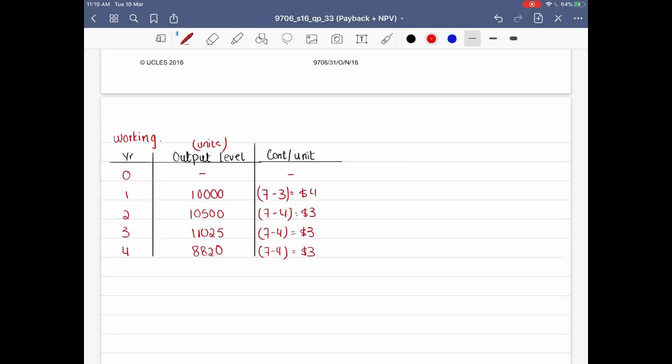तो टोटल कंट्रीब्यूशन हम कैलकुलेट कर सकते हैं गाइस। तो 4 into 10,000 is 40,000.